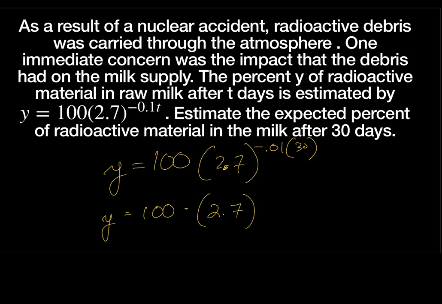Negative 0.01 times 30 is negative 0.3. Then you do exponents, 2.7 to the negative 0.3. And then times 100.